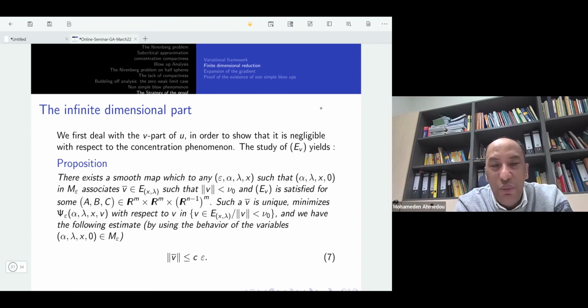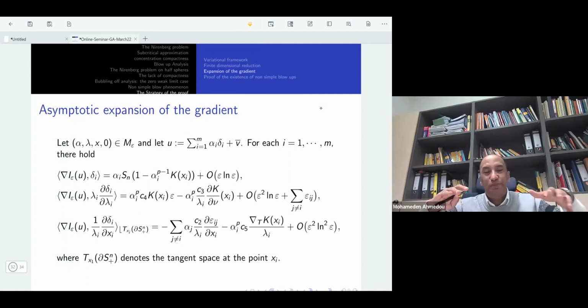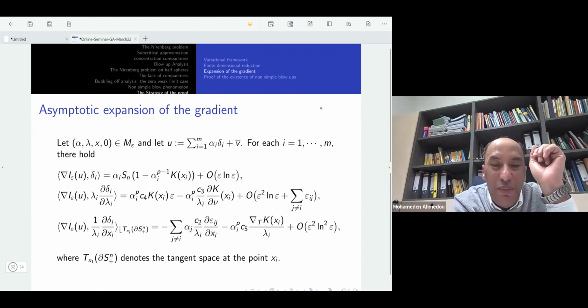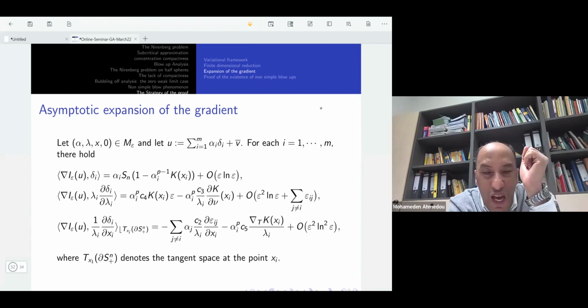And now you are left with a finite-dimensional system. For this, you expand the gradient, as I said at the beginning, in this set here. If you expand it, you see that alpha i is one critical point, given exactly by this one here, kx equal to 0.